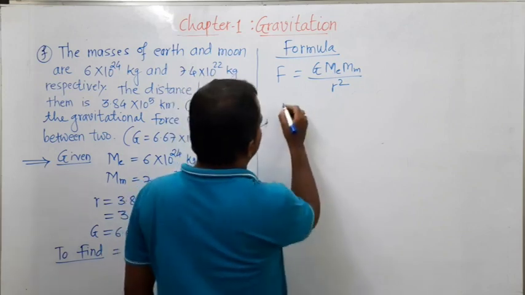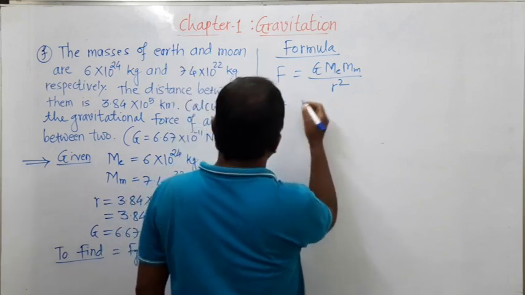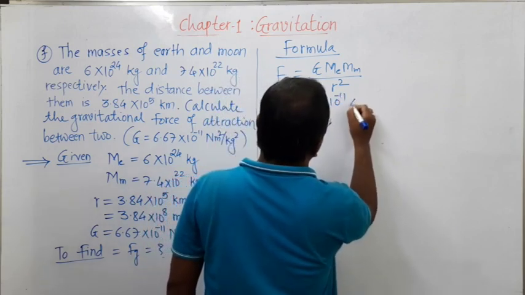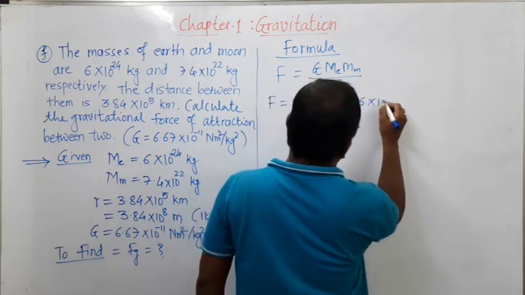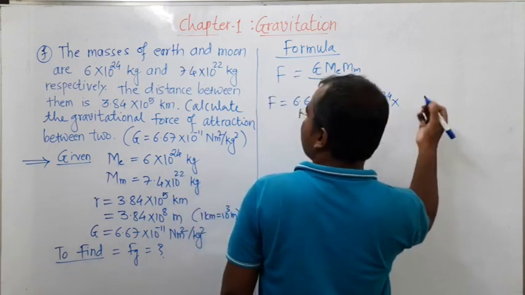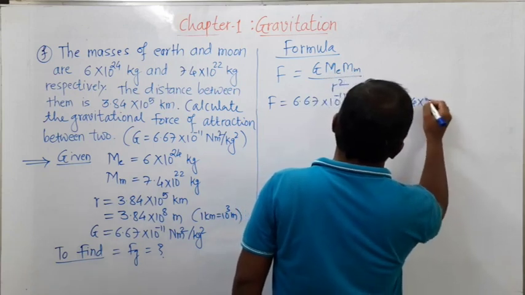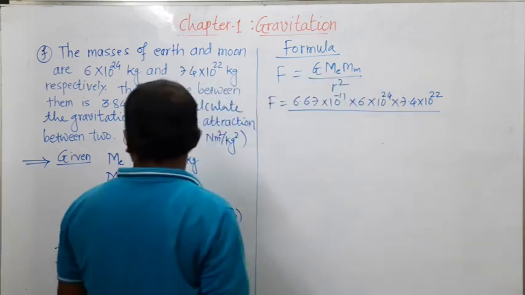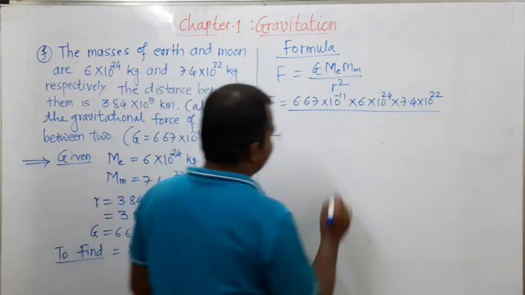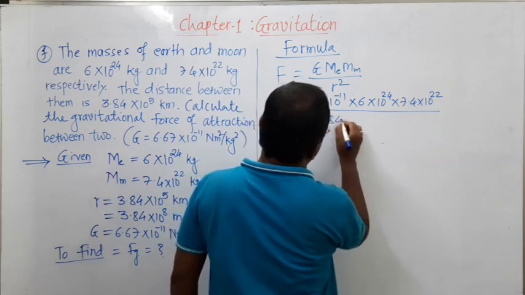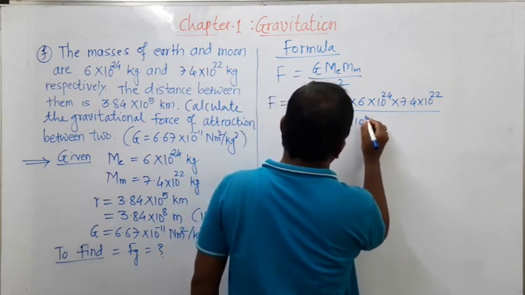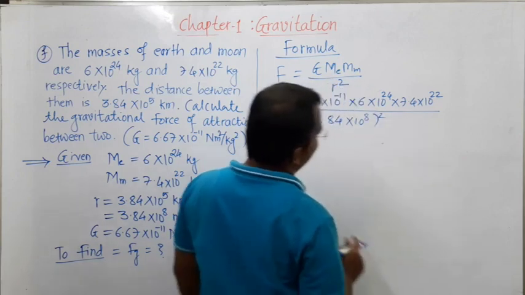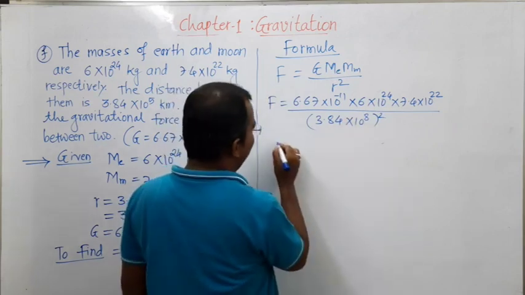So I will put all the values here. F is equal to G is 6.67 into 10 power minus 11 into mass of Earth is 6 into 10 power 24 into mass of Moon is 7.4 into 10 power 22 completely divided by square of the distance, and distance is 3.84 into 10 power 8, square of this. Okay, let's try to make it more simple.